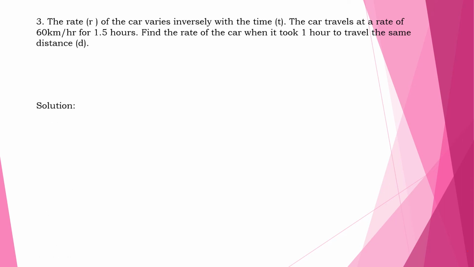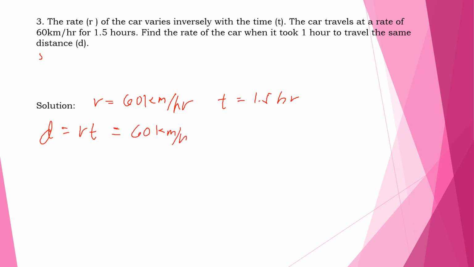Therefore, our formula here is d equals r times t. Our r here is 60 km per hour and our time is 1.5 hours.